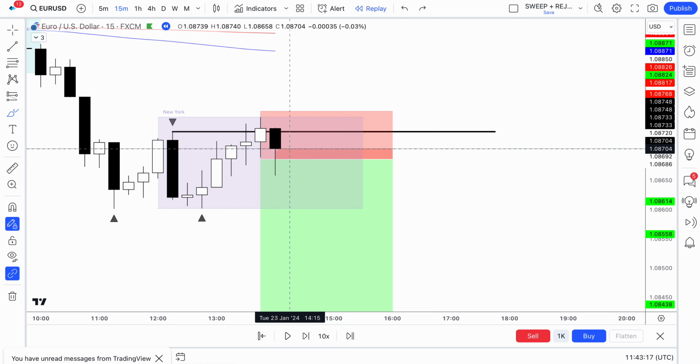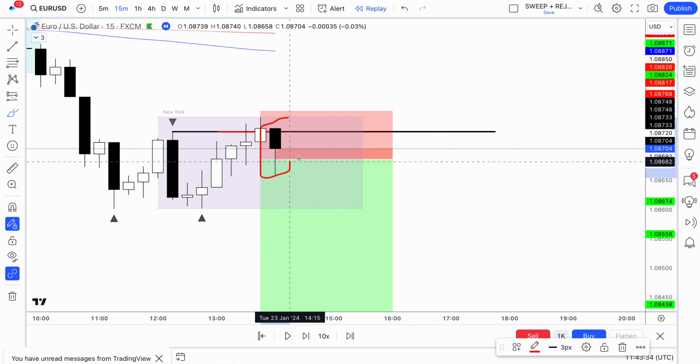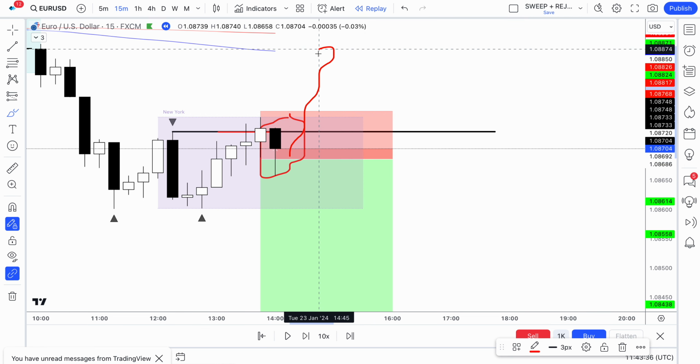One thing to note here is, as a new trader or just in general, you don't want to be flipping your bias very often. New traders might see this as a breakout: we closed above here, the next candle's rejecting, therefore I expect price to push to the upside.